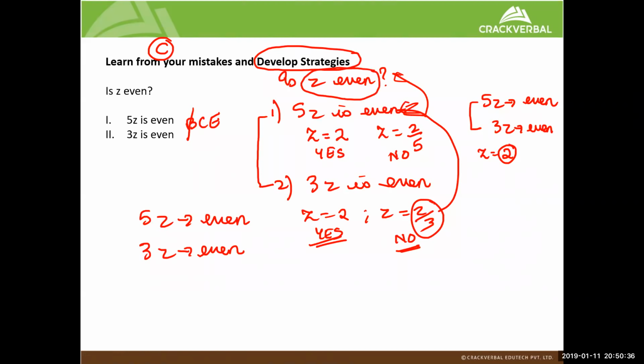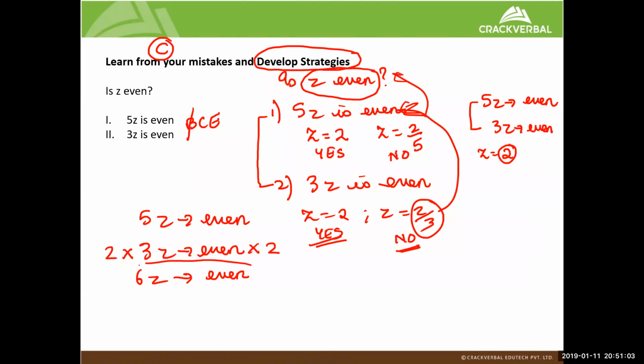So you see how I'm going to algebraically manipulate these statements. I am going to multiply the second statement by 2. If 3Z is even, 2 into 3Z is 6Z, and an even number multiplied by 2 will always be even. So if I know that 3Z is even, I know 6Z is also even.